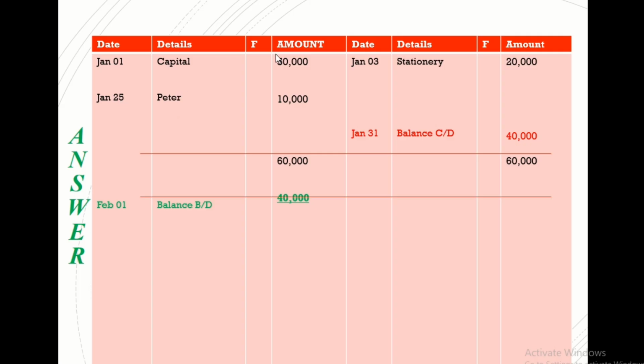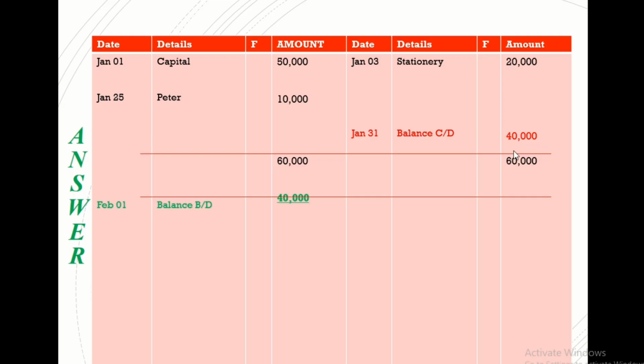If the business was able to receive 60,000 and spend only 20,000, what is the balance at the end of January, the 31st, the final date? We take 60,000 minus 20,000 and we get the remaining balance. Remember, when we find the balance carried down, automatically the debit side must be equal to the credit side. I hope you are getting me right.